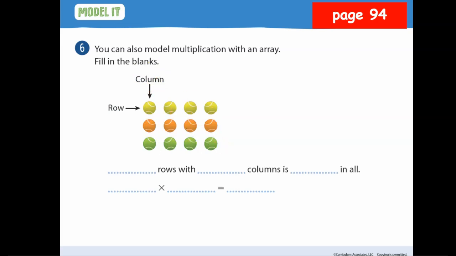Okay. It says fill in the blanks. So how many rows do I have in this array? How many rows going across? Scarlett? 3. How do I know that? Because of this. 1, 2, 3.